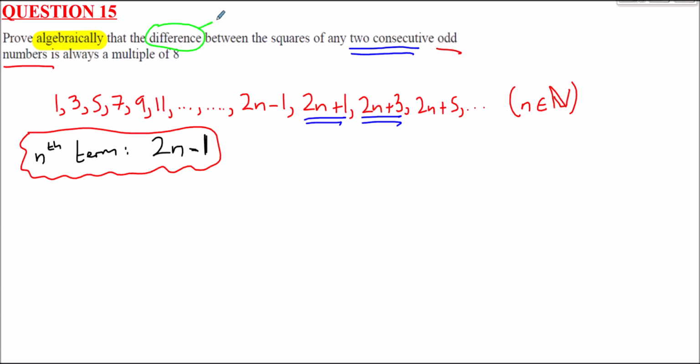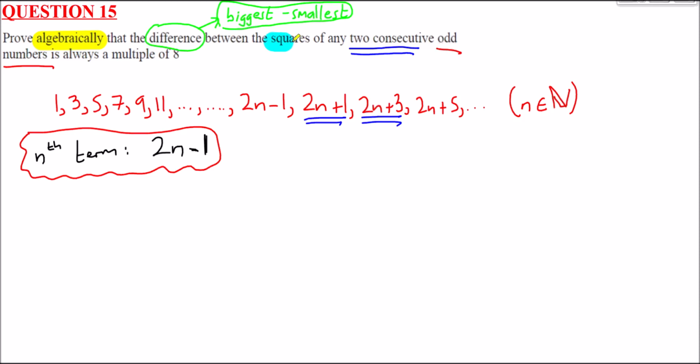So the difference is the biggest number minus the smallest one. That's how I find the difference between any 2 numbers. But it's not just the difference between the odd numbers themselves, it's the difference between the squares of these odd numbers.